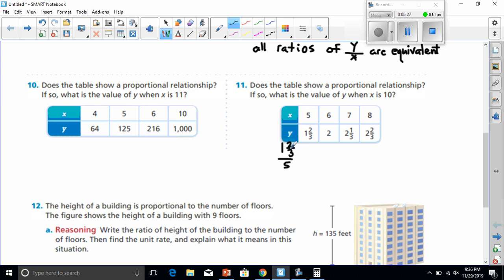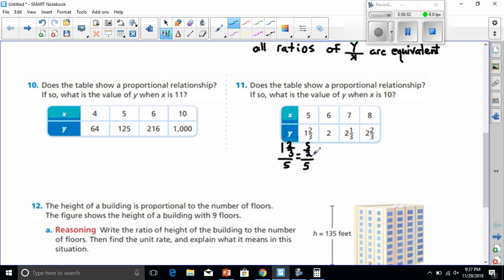Well, we have to turn this mixed number into an improper fraction, and 3 times 1 is 3, and 3 plus 2 is 5. So this would be 5 over 2, divided by 5. Well, when we have a fraction divided by a fraction, we have to remember to use keep, change, flip.